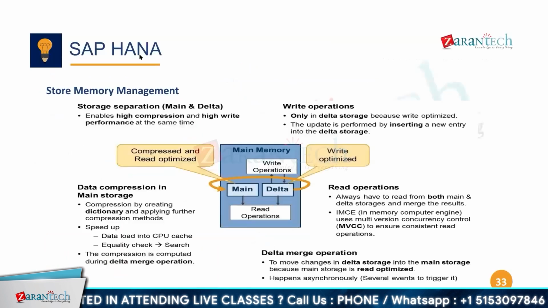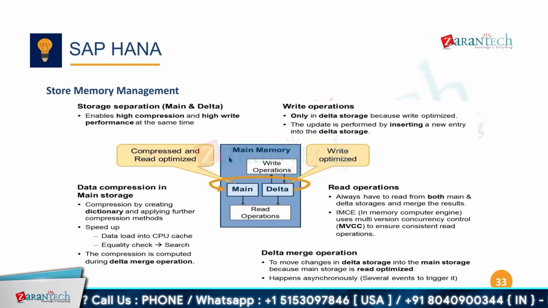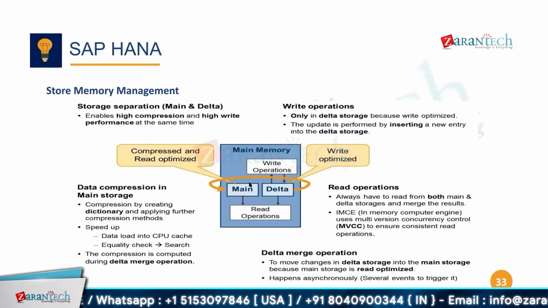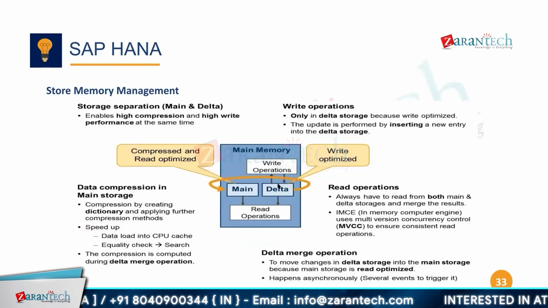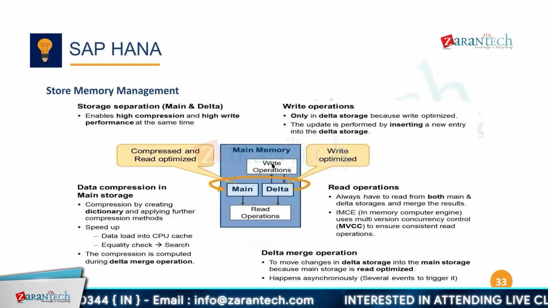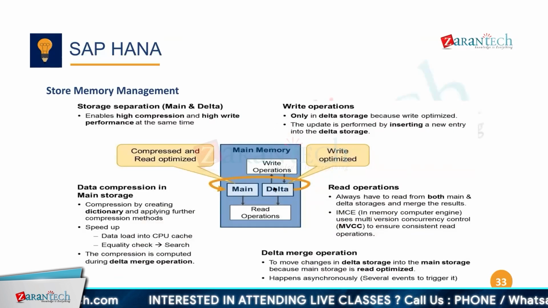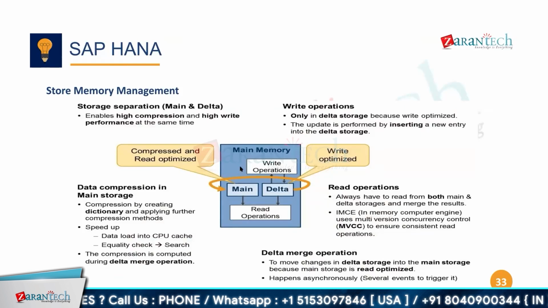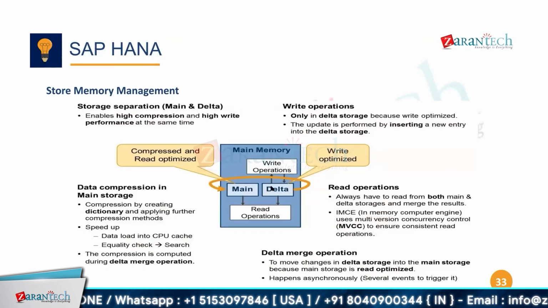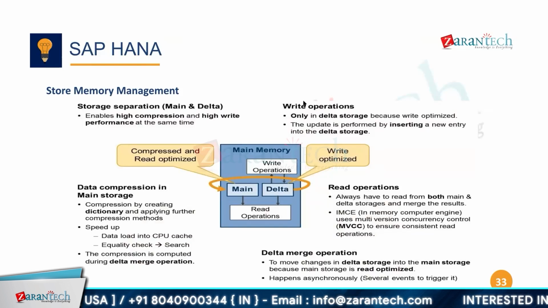So you have this main memory, RAM, and you have this delta. When you are writing to your database, only this delta changes. What that other diagram will tell you is that this main will create one copy, main 2, and this delta will also create one delta 2, while it is merging to the data store, the data persistent layer.